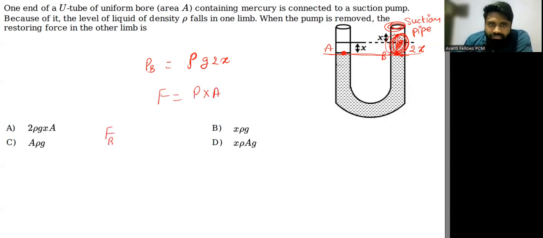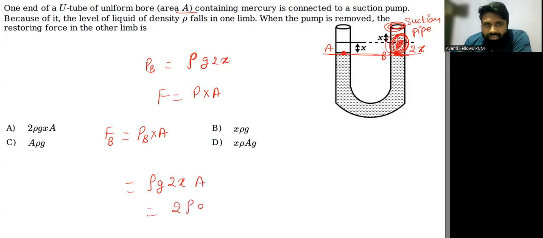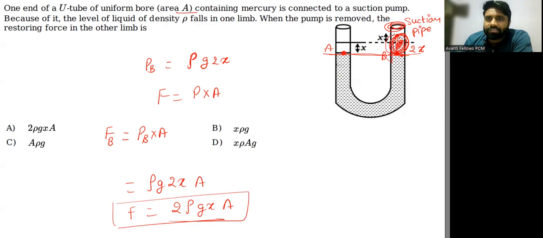So FB, which is the restoring force, will be PB into area. Area of the limb is given as A. So it is rho into g into 2x into area. We can write it as 2 rho g x into A. This is the restoring force that mercury would apply on this side. So 2 rho g x A is the correct option.